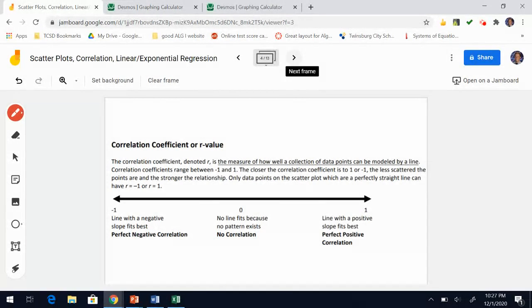Only scatter plots whose data points form a perfectly straight line have an R value of -1 or 1, okay? So again, the correlation coefficient is what we're going to call R, all right? The closer that data is to that line of best fit, the stronger the correlation, and that's what we're going to use Desmos for here shortly.